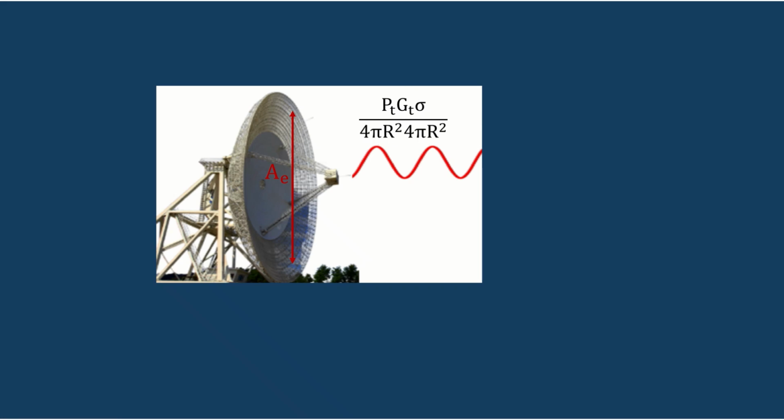Whatever power reaches back to the receiver, the antenna will receive some part of it based on the effective area of this antenna. So if we are getting Pt Gt sigma by 4 pi r square into 4 pi r square power here, only the effective area will be receiving this much power.